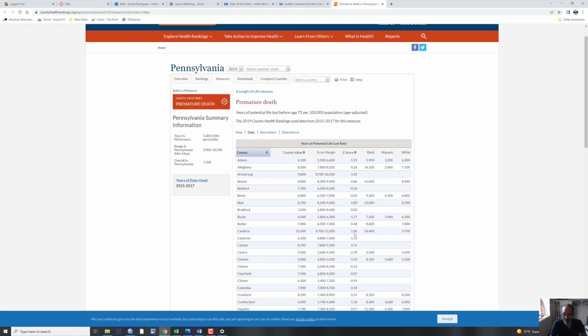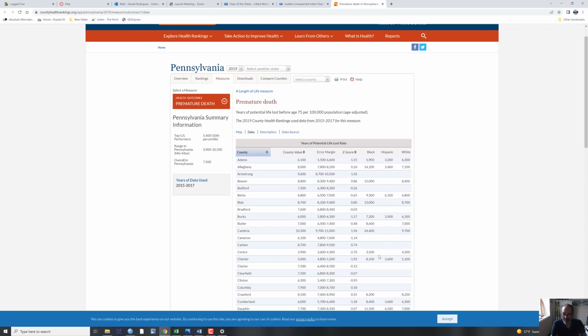So for a county that has a YPLL at about 2 standard deviations above the mean, that represents half of 95, so it's 47.5% higher than the mean, right? So that's an incredible loss of life. So people are dying young over here.